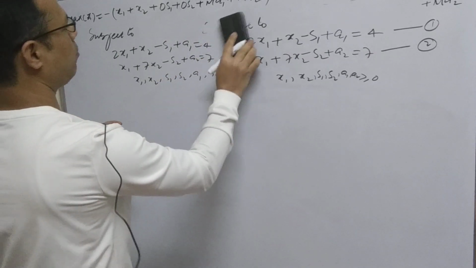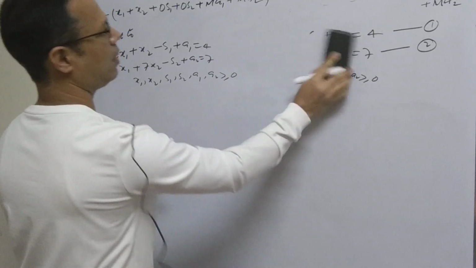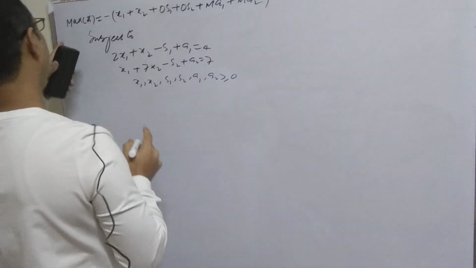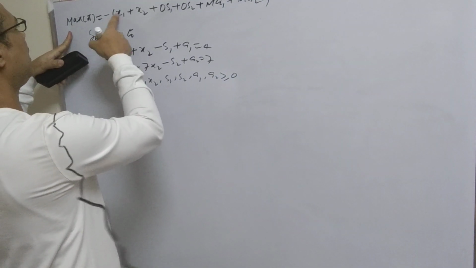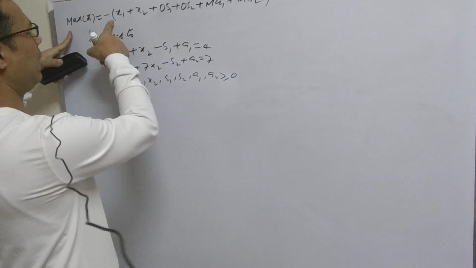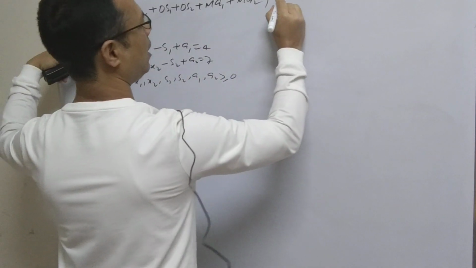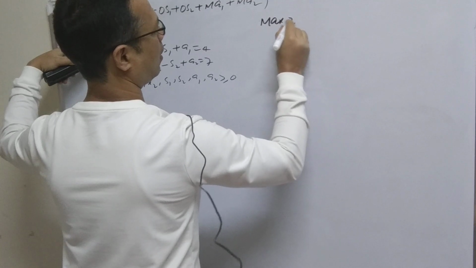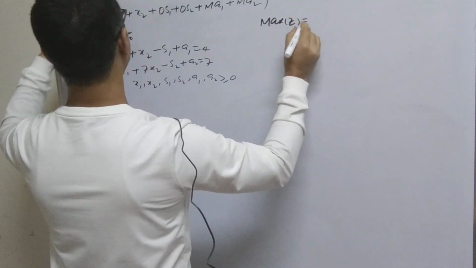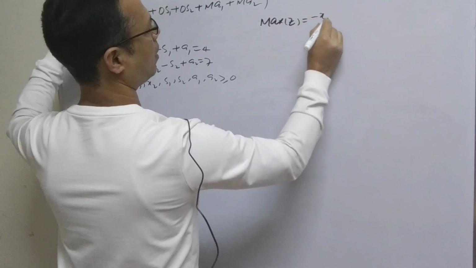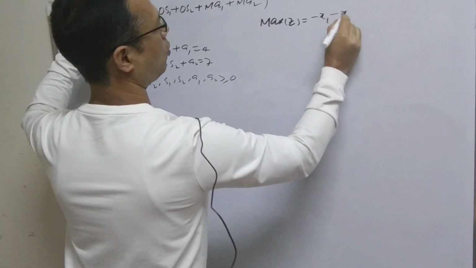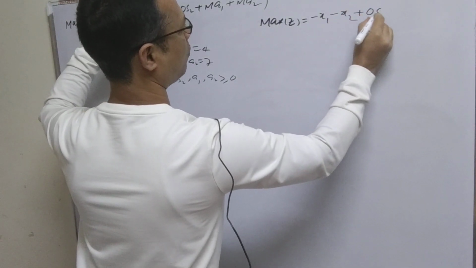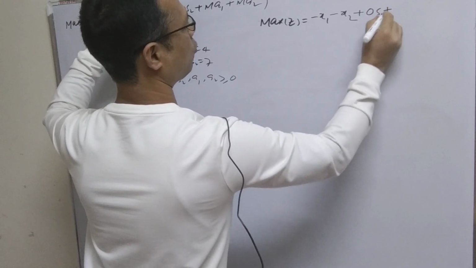So now we have reached this stage. This is our linear programming problem, our LPP. Now if you replace this bracket, we will get the result. I am going to write here: max z is equal to minus x1 minus x2 minus 0 s1, or minus s1, either way you can write it, because with 0 nothing is affected.